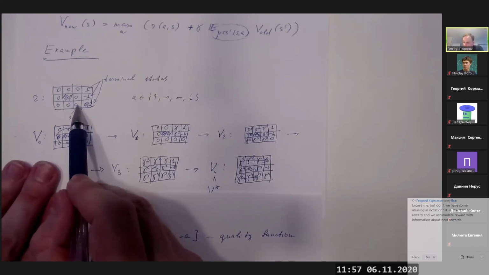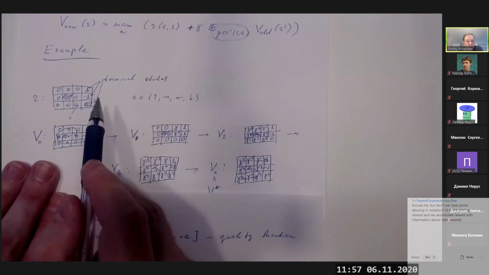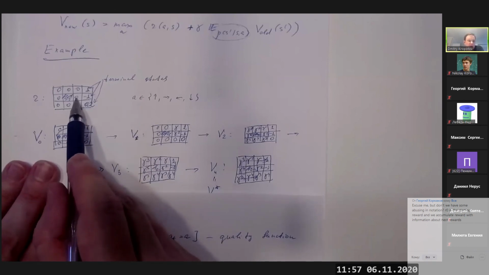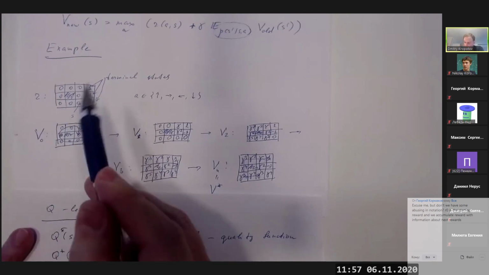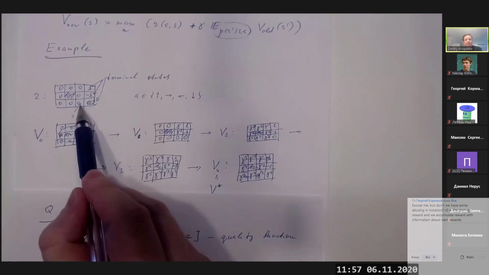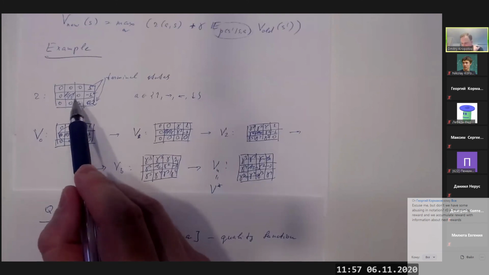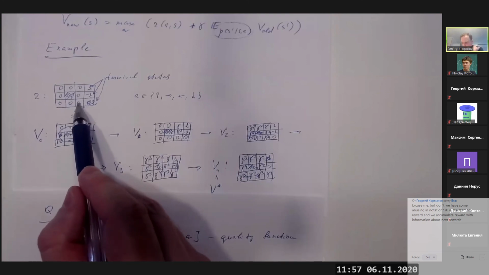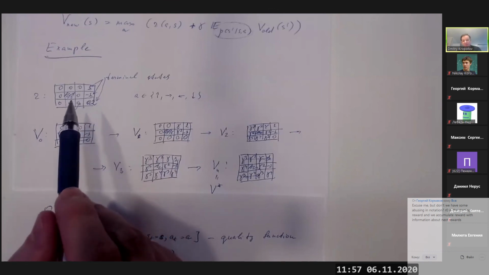If you stay here, you know that if you go to the right, you would get some positive reward, which is 0.2 times gamma. And if you go upwards or to the left, you would get 0. It means that staying here, your Q function on the first iteration would be 0 and 0 for actions upwards and left, and some positive value for going to the right.